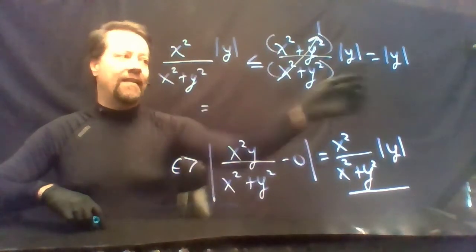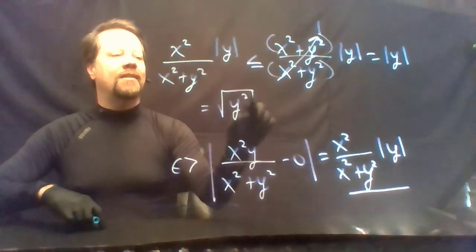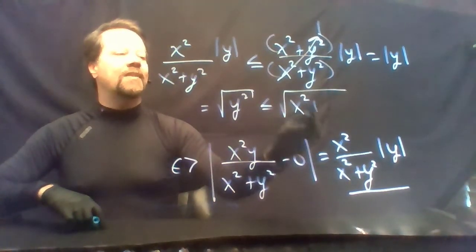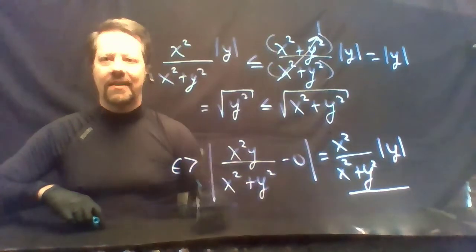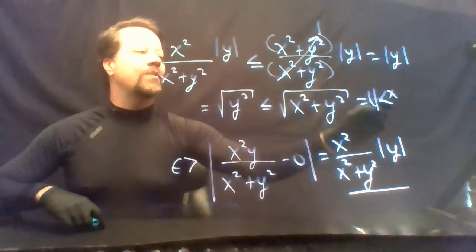Now, the absolute value of y, as you know, is the square root of y squared, which is less than or equal to the square root of x squared plus y squared. Well, that's the norm of the vector xy.